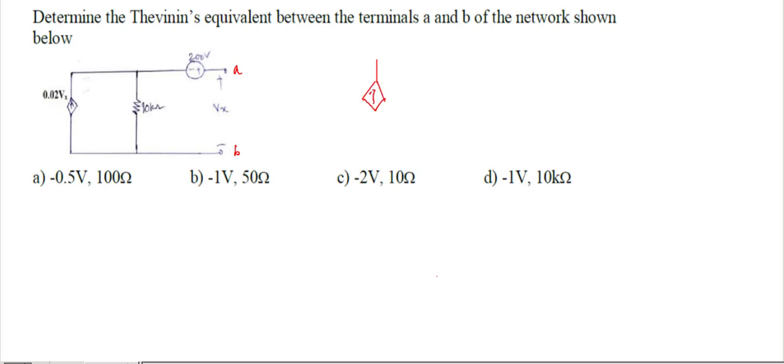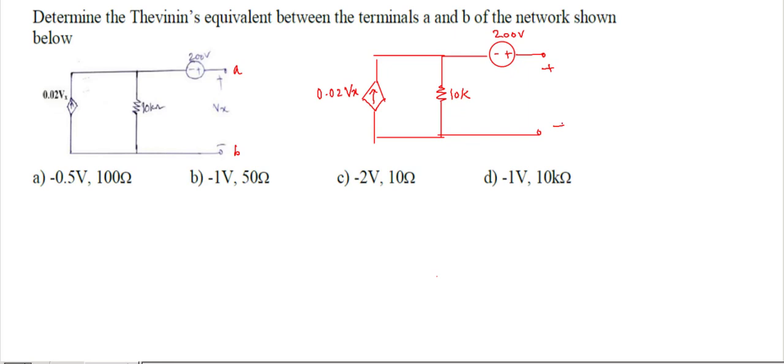I am redrawing the circuit. 0.02 Vx, this is 10 kilo ohms, this is 10 kilo ohm, and a 200 volts source, and the dependent source Vx, and this is the terminal AB. Thevenin's equivalent between that. Okay, so how can you solve this?